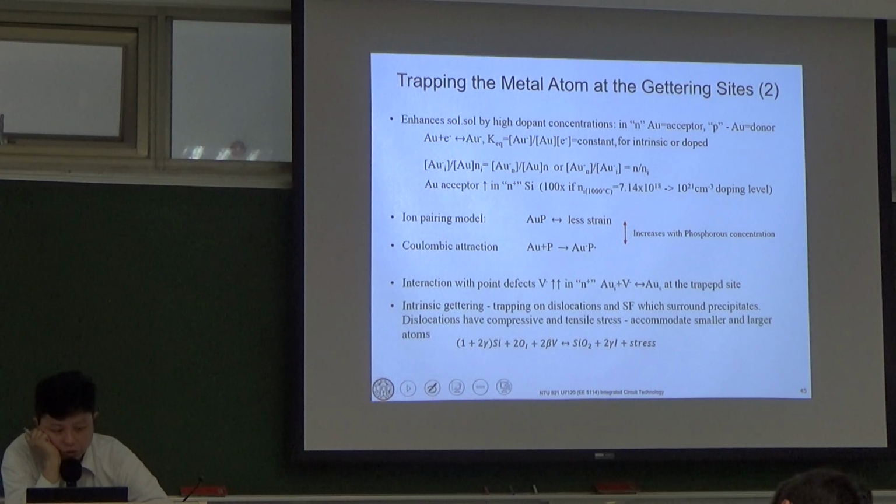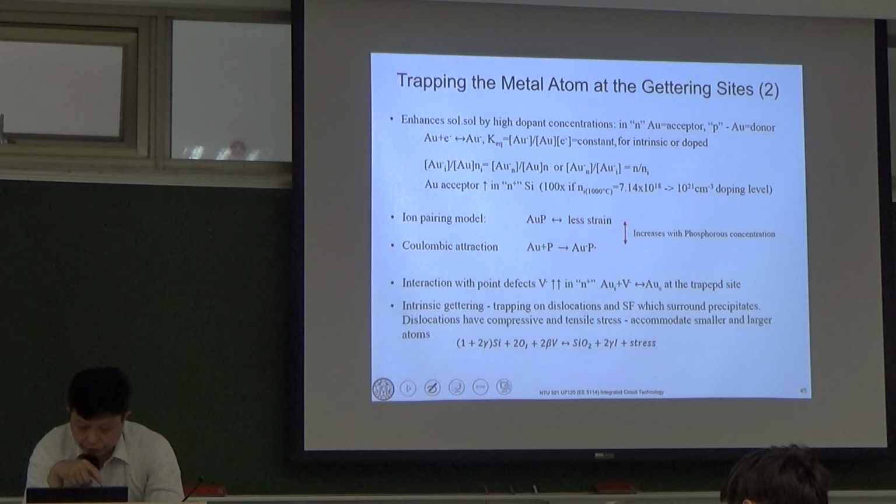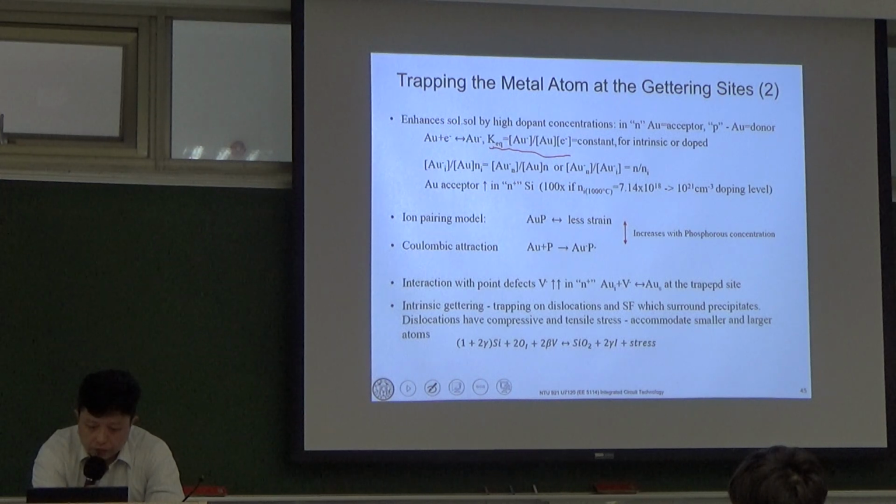And we can also use this chemical reaction to model those gettering processes. So we can write this. There's a chemical reaction constant. Okay, we can use the concentration of Au minus divided by Au times the electron, either for intrinsic or for doped material.